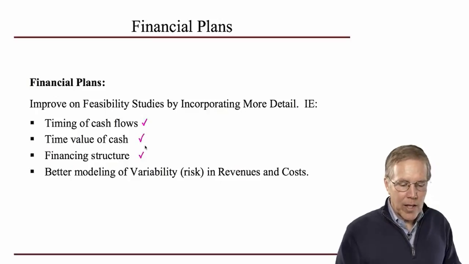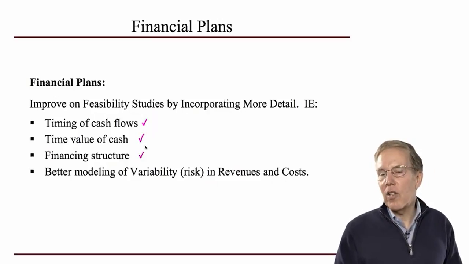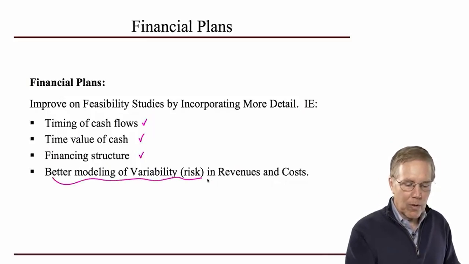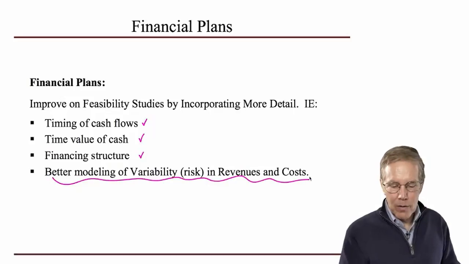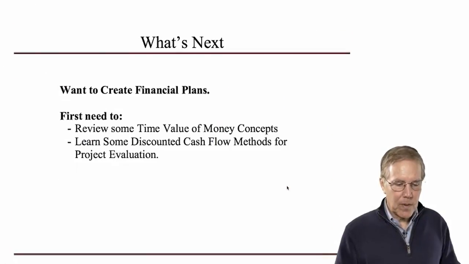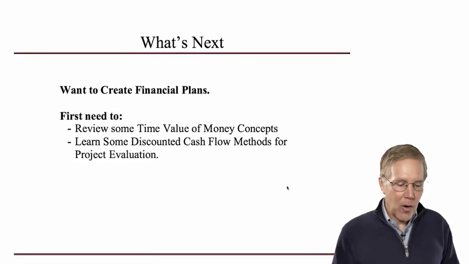Now we're going to want to bring in a lender, a construction loan lender, maybe a land lender too, and we want to see if we can improve our modeling of variability and risk, particularly in costs.